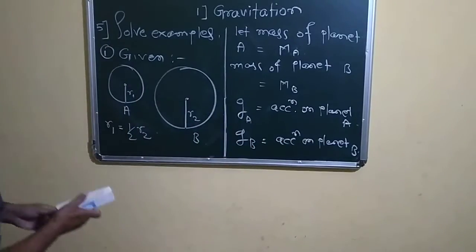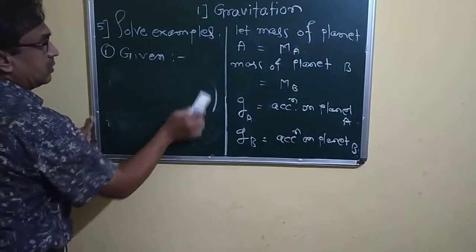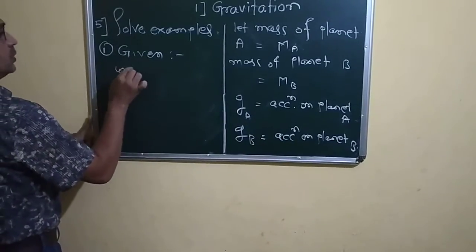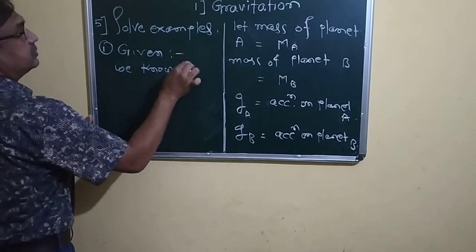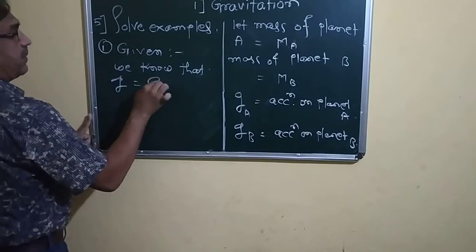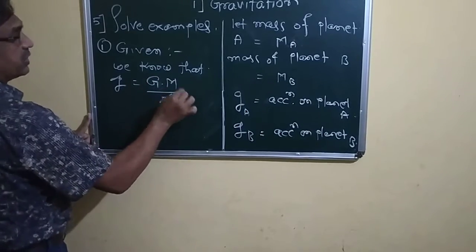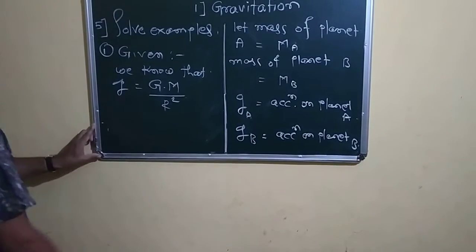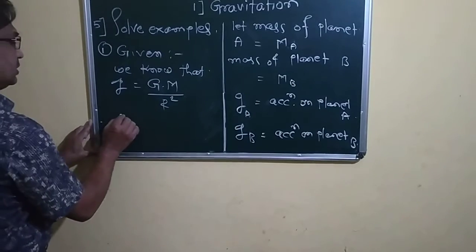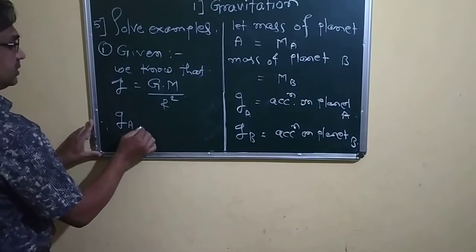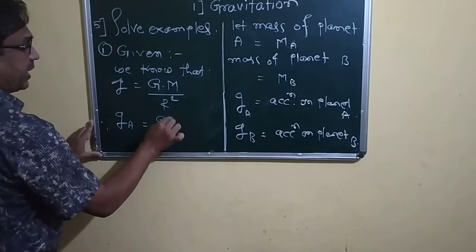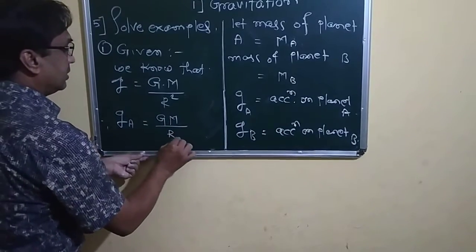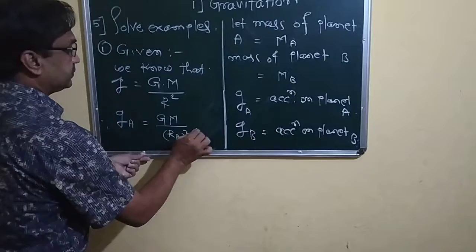So what we have to do? We know that g is equal to capital G capital M upon R square. So we have to compare these. gA is equal to capital G capital M upon RA square.